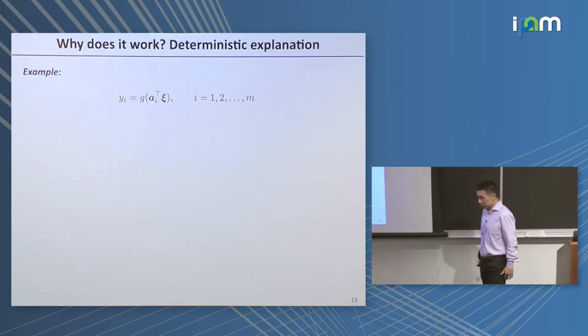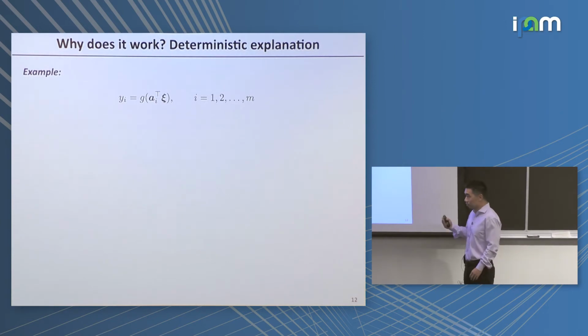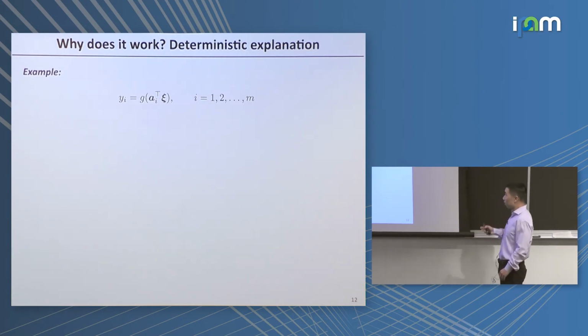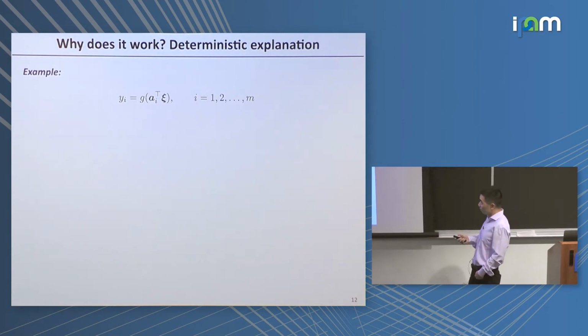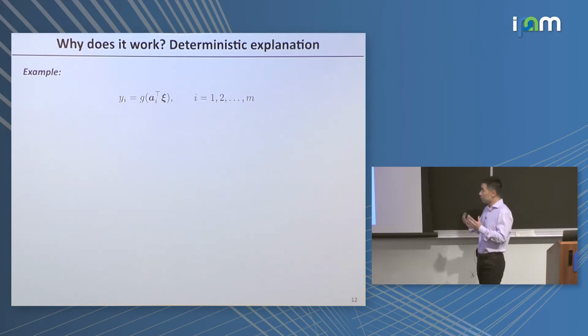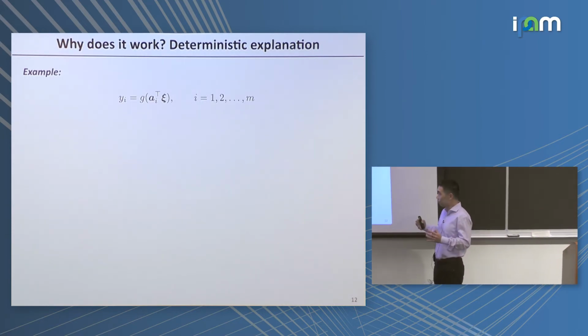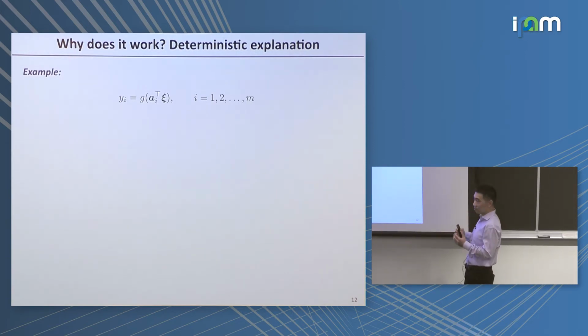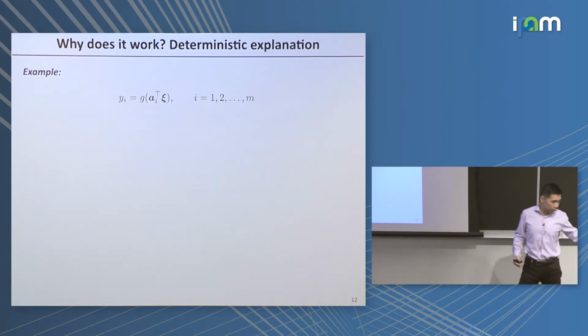Okay, all right. So why does this method work? I'd like to start with a deterministic explanation without making any assumption on the underlying models for the sensing vectors ai. The way you can think about it is the following. Suppose you have a large number of ai's. These are n-dimensional vectors. The only assumption we need to make is that they point to all kinds of different directions in a sort of uniform way.